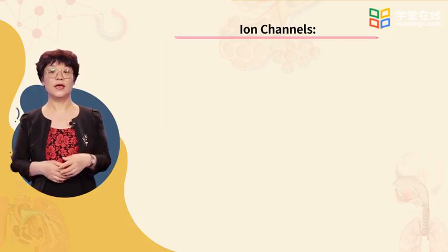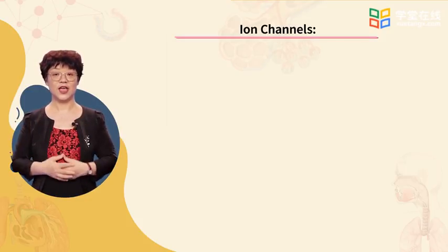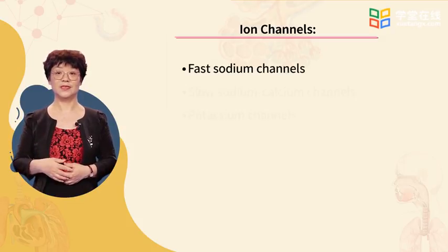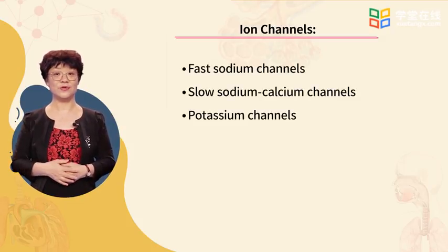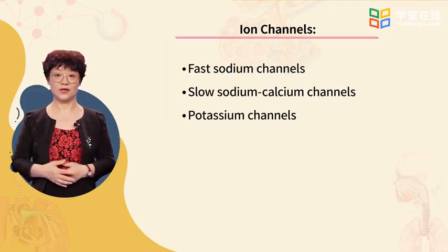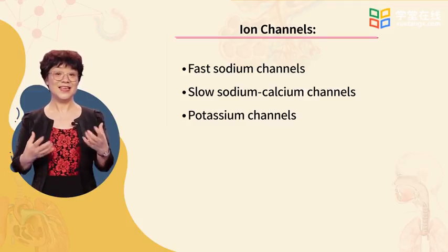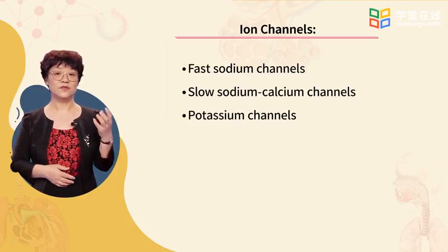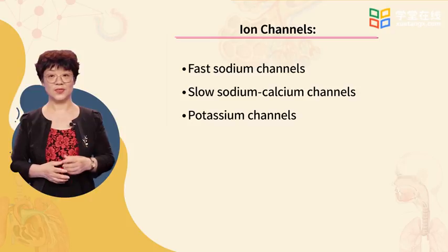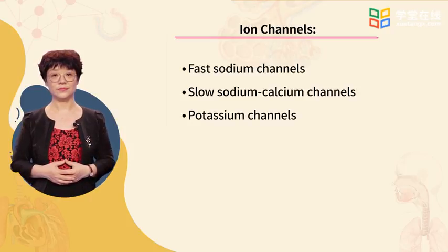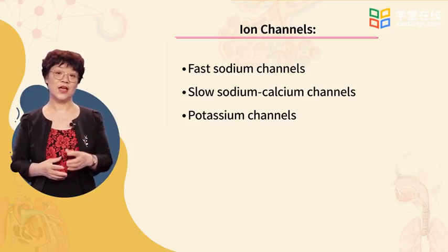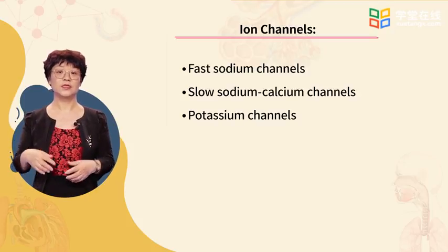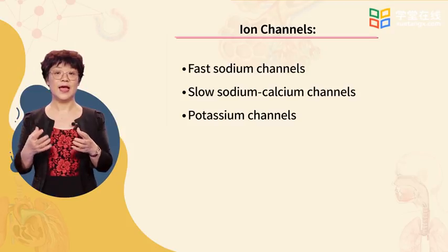Cardiac muscle has three types of ion channels: fast sodium channels, slow sodium-calcium channels, and potassium channels. These channels play important roles in causing the voltage changes of the action potential. Fast sodium channels are responsible for the rapid upstroke spike of the ventricular action potential.